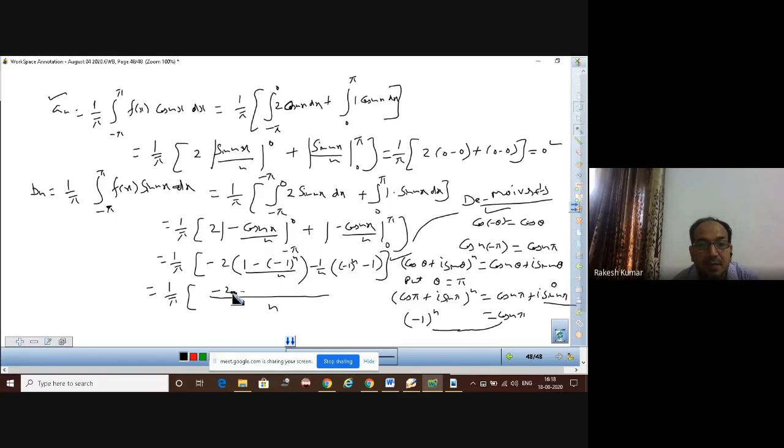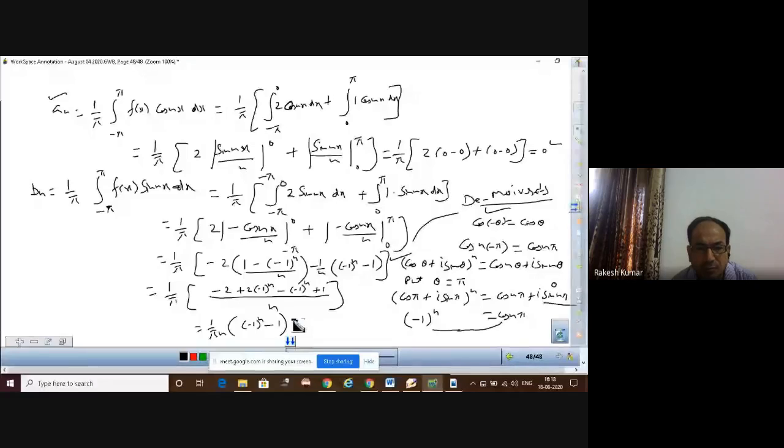This is a minus 2, and this is a plus 2 times minus 1 raised to power n. This is minus 1 raised to power n, and this is plus 1. So 1 upon pi n can be written here, and this comes out to be minus 1 raised to power n minus 1.